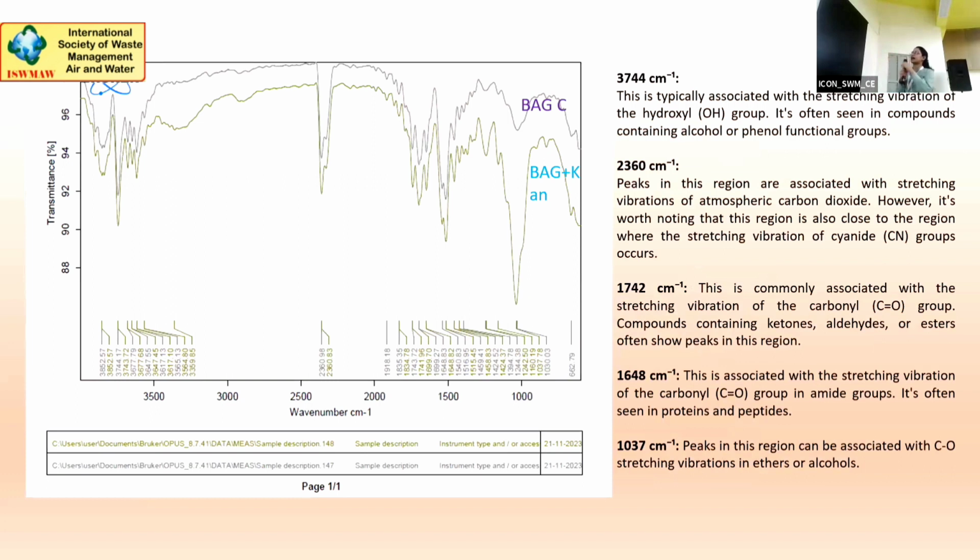In this graph, there are certain big peaks we have found. At wave number 3744, this is typically associated with the stretching vibration of the hydroxyl group. It's often seen in compounds containing alcohol or phenol functional groups. At wave number 2360, the peaks in this region are associated with the stretching vibration of atmospheric carbon dioxide.